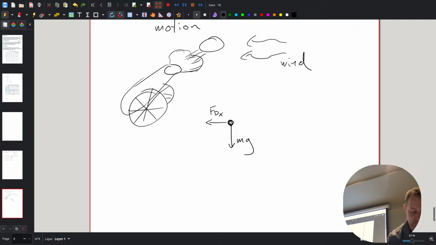And then probably some kind of, a lot smaller, but if there's drag going one way, there's also drag going the other way, but that one's relative to its Y direction.